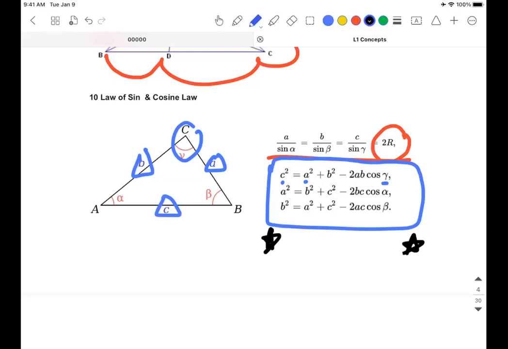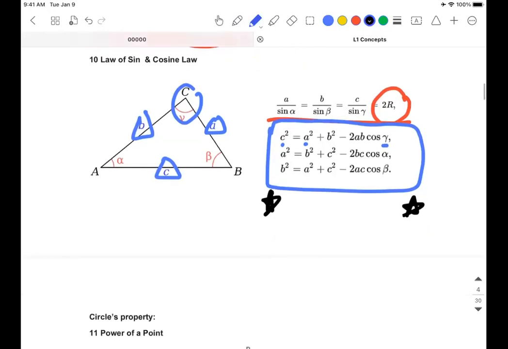So I think this is pretty much what I want to say for this triangle part. Okay? And in the future, as long as you see a quadrilateral or even a polygon, more complicated shapes, it doesn't matter. All those complicated quadrilateral or polygon problems can all be converted into triangle problems.